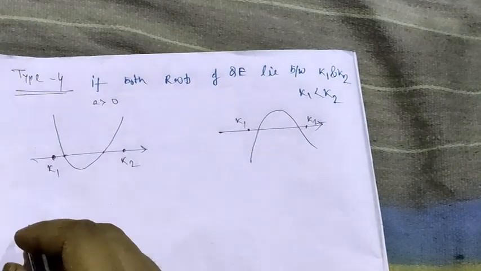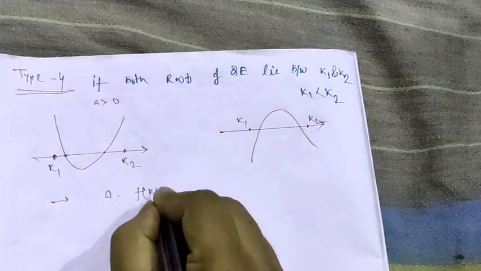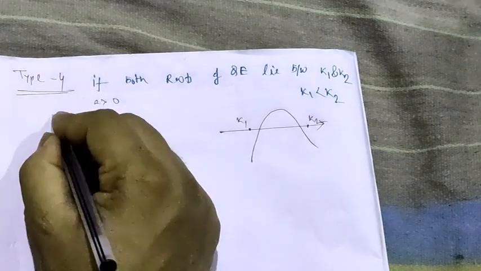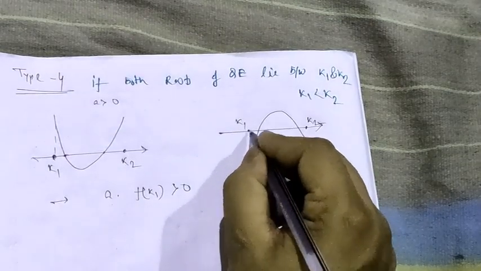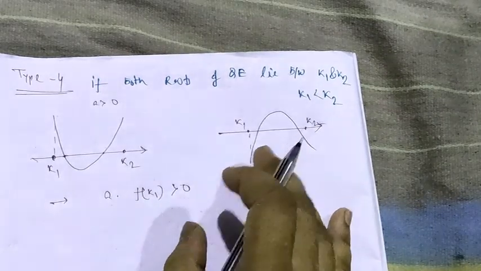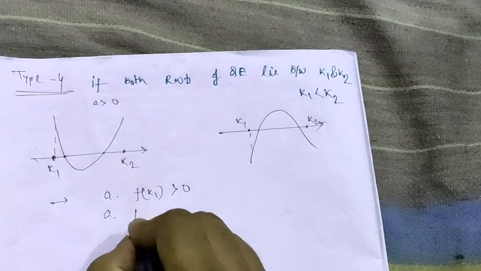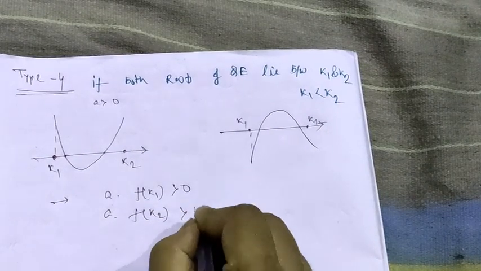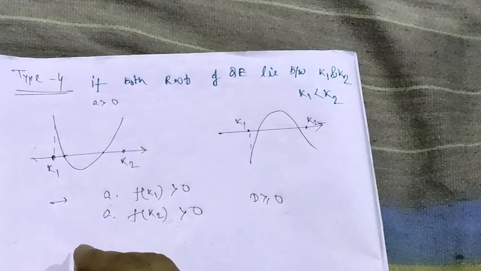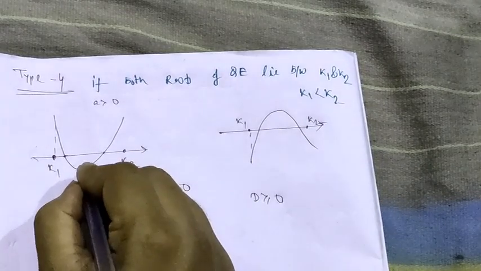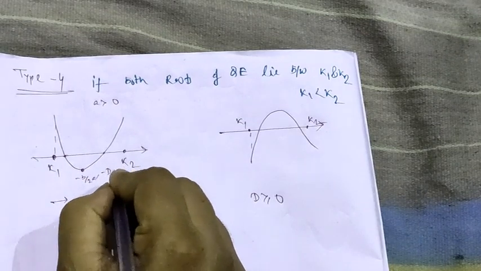So the conditions you need: a into f of k1 should be greater than 0. Here a is greater than 0 and f of k1 is also greater than 0. Here a is negative and f of k1 is negative. So the product a into f of k1 is positive. Similarly, a into f of k2 is also greater than 0, and D should be greater than or equal to 0. I have told you that this point is minus b by 2a, minus D by 4a.